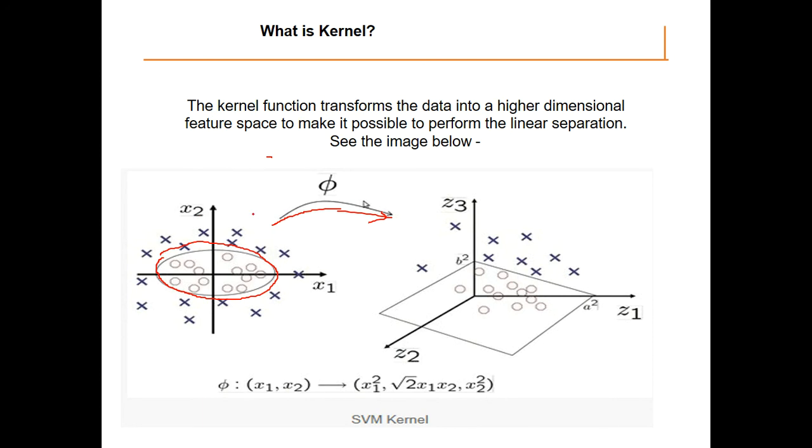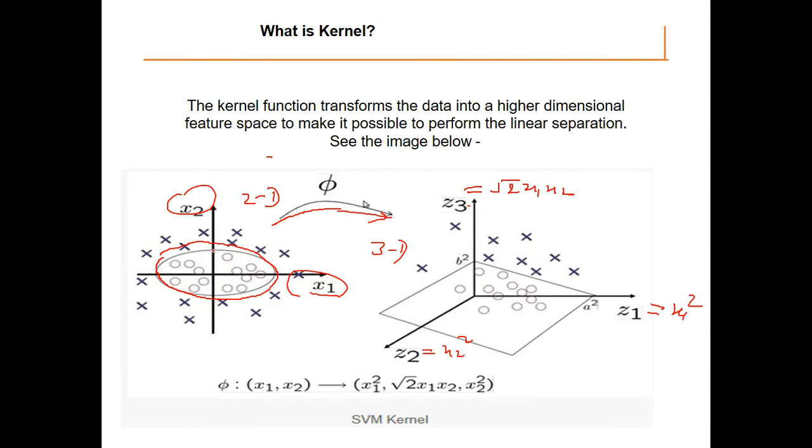If you transform this 2D data into 3D data, Z1, Z2, Z3, where Z1 is equal to x1 square, and let us say Z2 is your x2 square, and one more dimension is added, Z3, that is, let us say 2 into x1, x2.